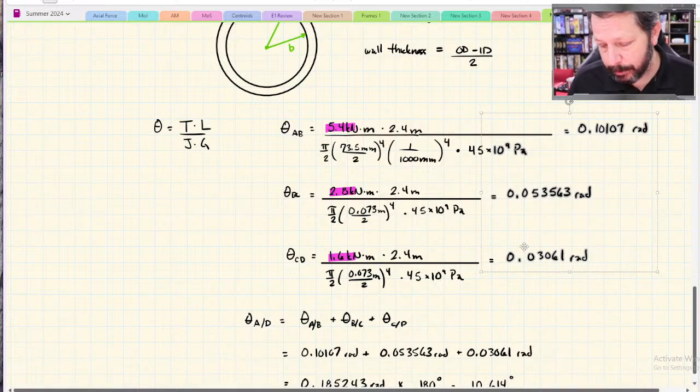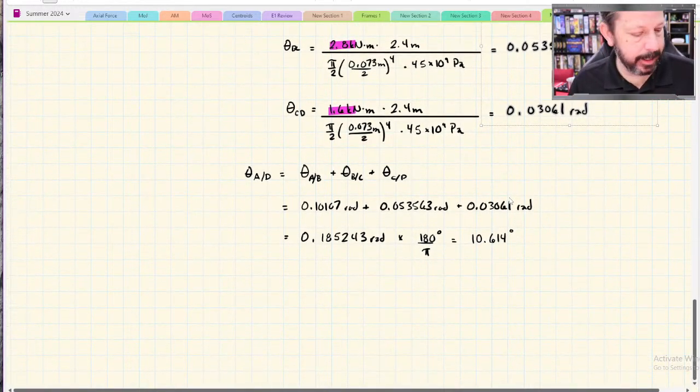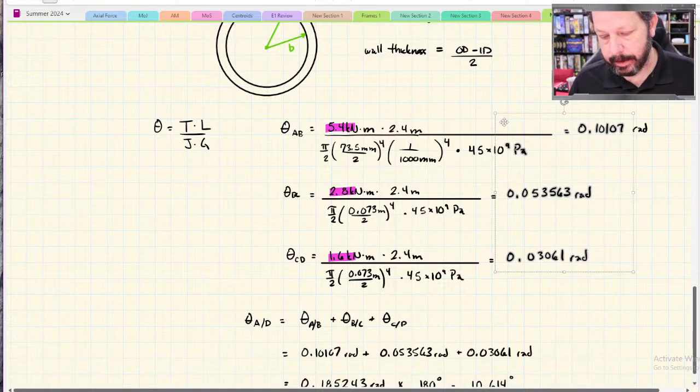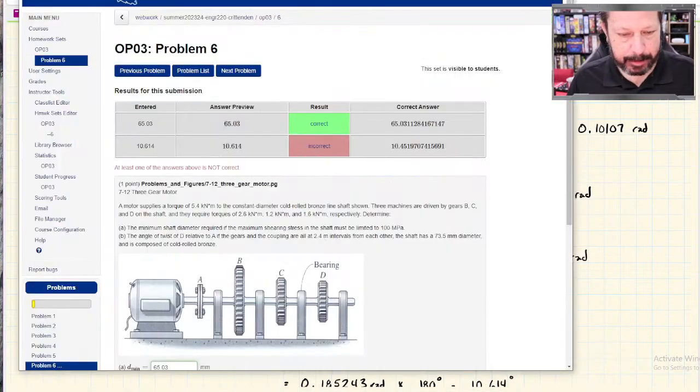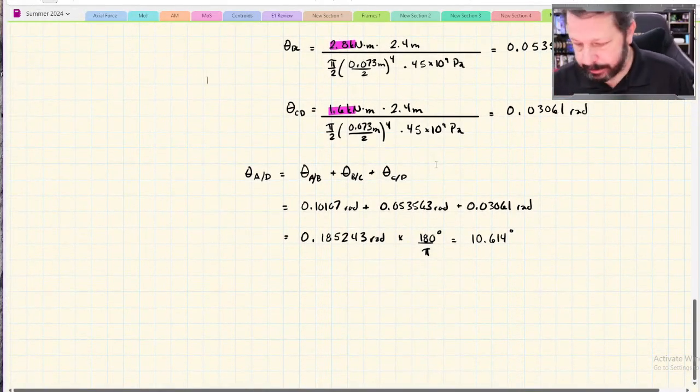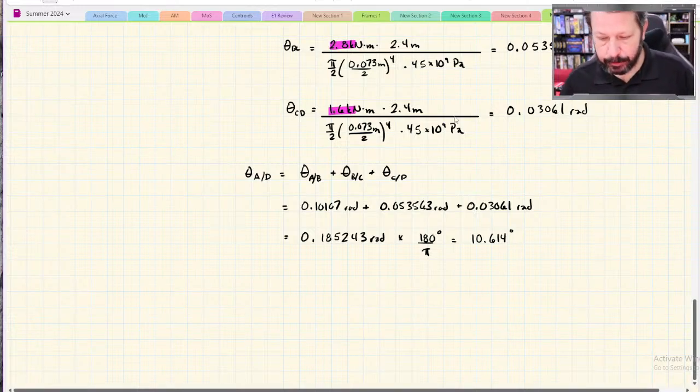So for WebWork purposes, you really have to store the values in your calculator in order to make it happy on these kind of calculations. This one is exact, 180 over pi, that's exact, but this was rounded based on these three, which were each rounded, and it just didn't work out. So I'm not too concerned that we got 10.6 and it wanted 10.5, so I think that's fine. WebWork doesn't think it's fine, but I think it's fine. So I could have stored more values.